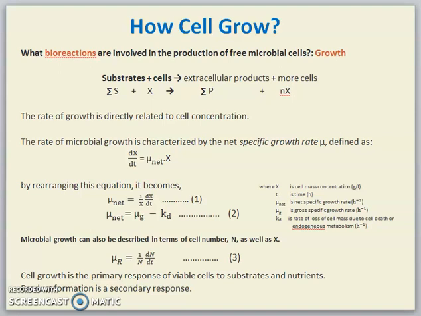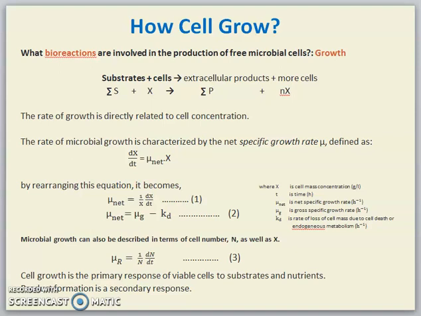Here the difference is only in the abbreviation used, X and N, so it will be 1 over N dN/dt. But in most of the experimental work, we use X, the cell concentration, in order to identify the rate of microbial growth.